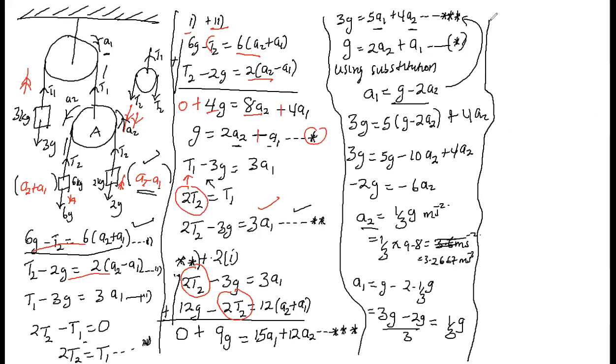Now, let us go for the tensions. Because they ask for the accelerations, they ask for the tensions. So come back where you can use this one. T1 minus 3G is equal to 3A1.